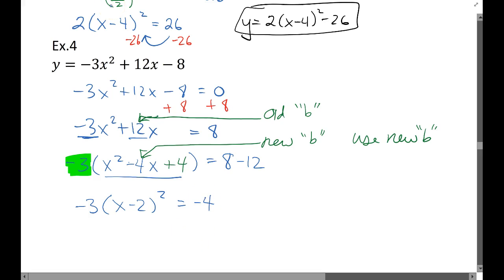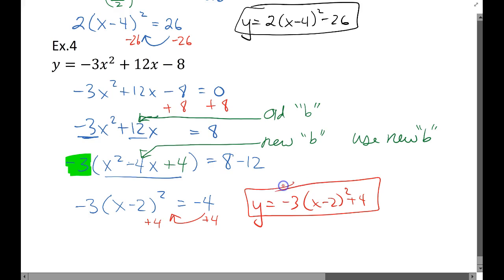And then we're going to move that negative 4 back to the other side by subtracting it, and that gives us an equation of y equals negative 3 times (x minus 2) squared. I'm sorry, back here it should have been plus 4. And so plus 4 on both sides. Apologize for the mistake, guys. I hope this video helps you.